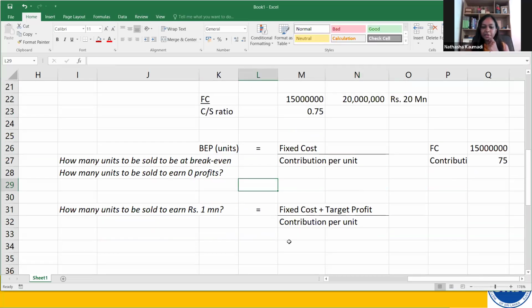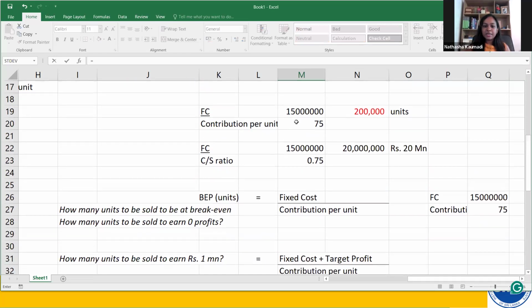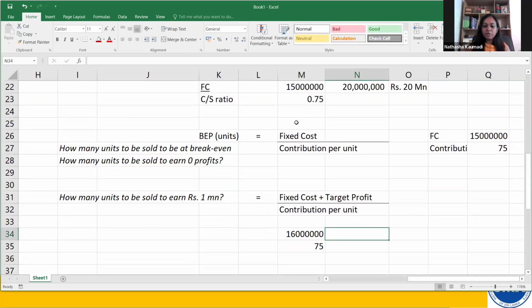Now, if you want to have 1 million profit, how many units you need to sell? How can we calculate? You take fixed cost, that is 15 million, plus you add 1 million, divided by contribution per unit, that is 75. Is that the number you get? 213,333 or 334 units.